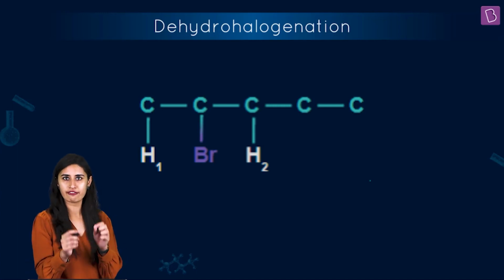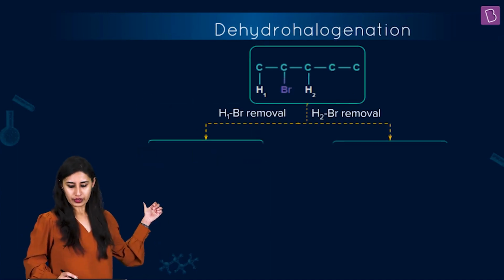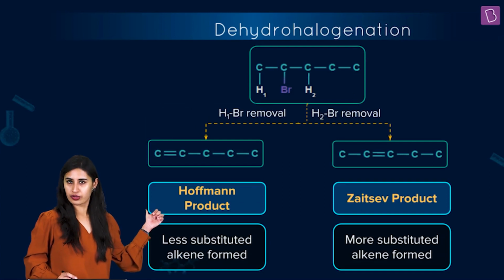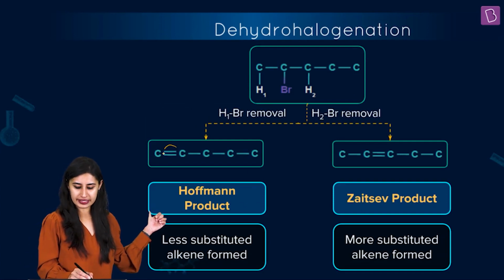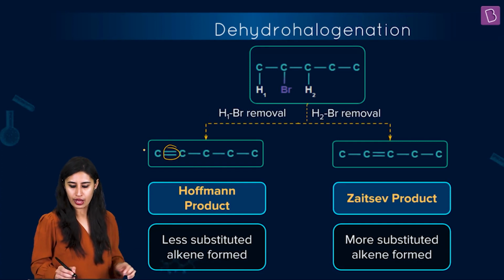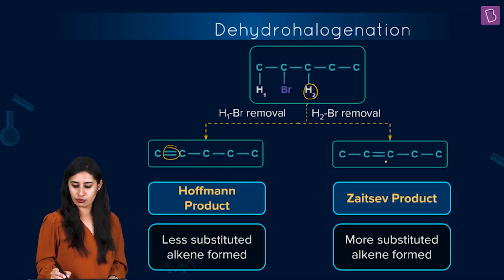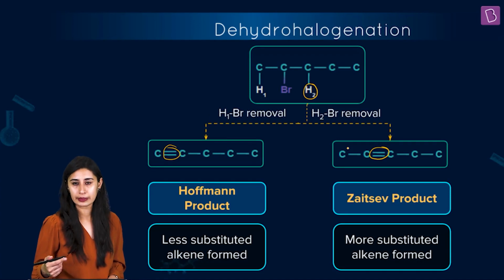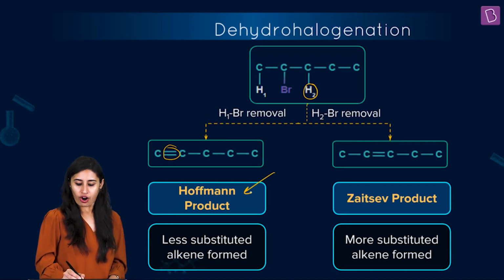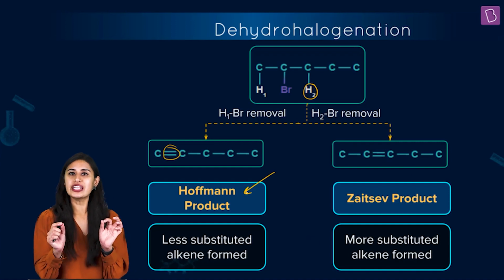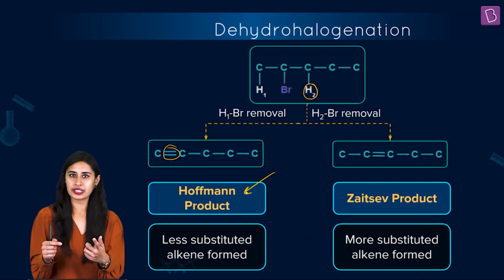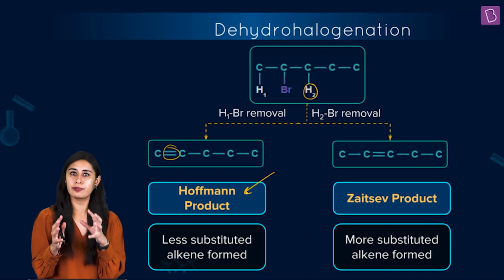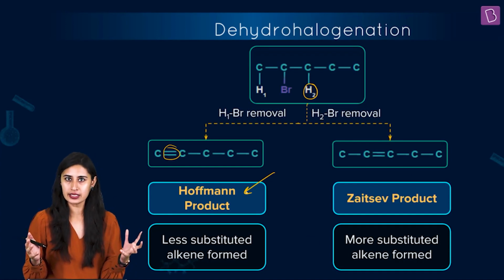Let's question everything. So, when H1 and Br removal is happening, what we are getting is alkene at the terminal position, whereas when H2 and Br are removed, we are getting an alkene which is a non-terminal alkene here, right? Hoffmann product happens in very specific cases, like one of the cases that I just mentioned, that the base should be bulky, right?